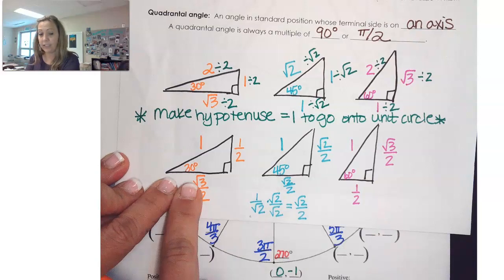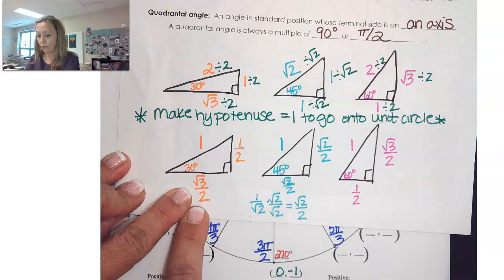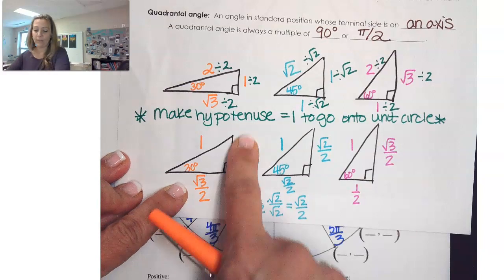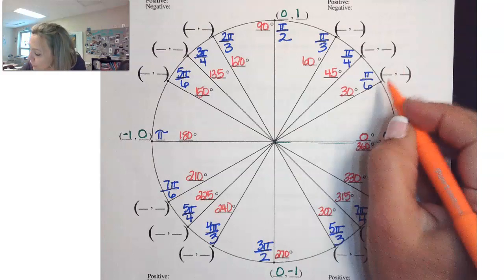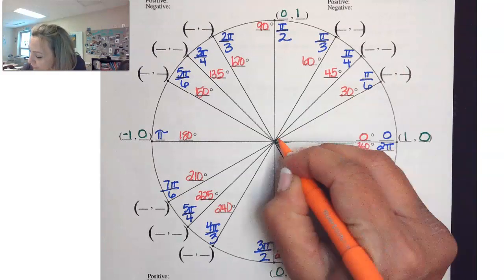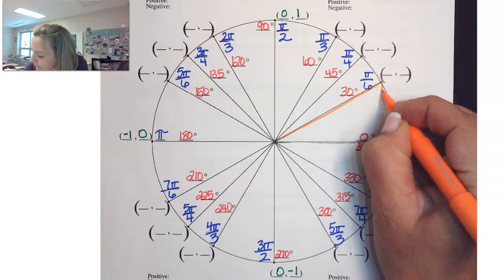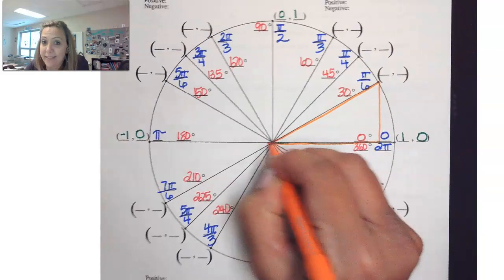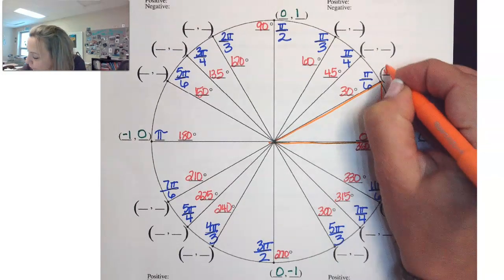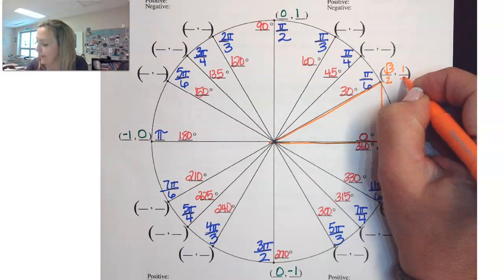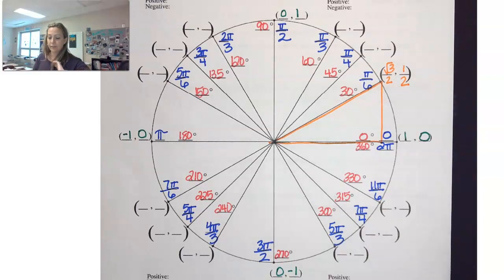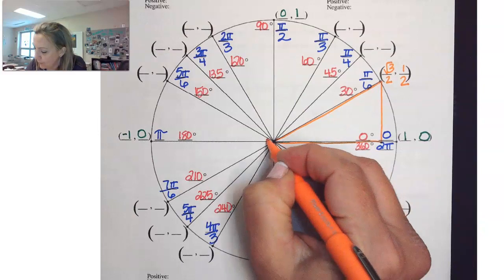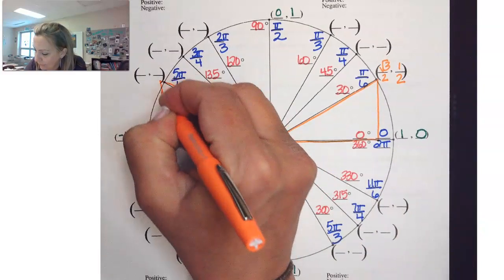The short triangle dealt with 30 degrees, and the x was √3/2, and the y was 1/2. So if I go to 30 degrees, it's this that's 30 degrees right here. We said that our x was √3/2, and our y was 1/2. We also said that this 30-degree angle could be in any of these quadrants.